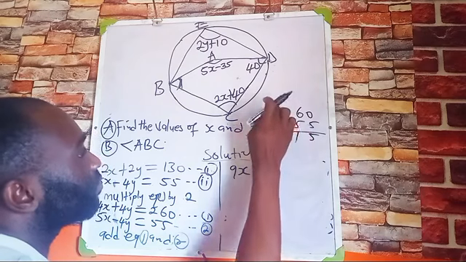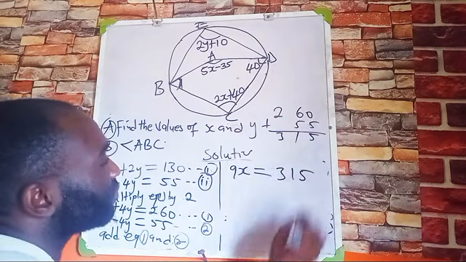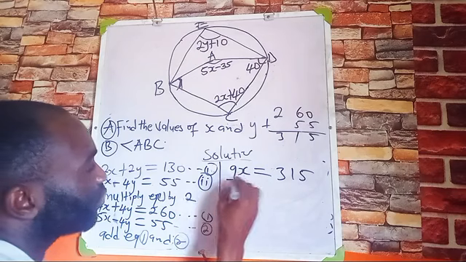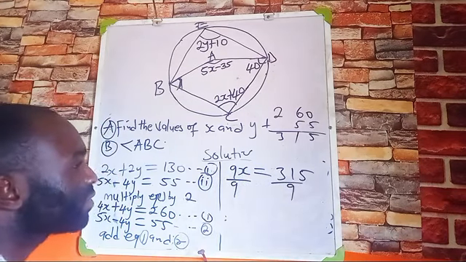Write 1 plus this, that gives us 315. So this is 315. Then divide both sides by 9.